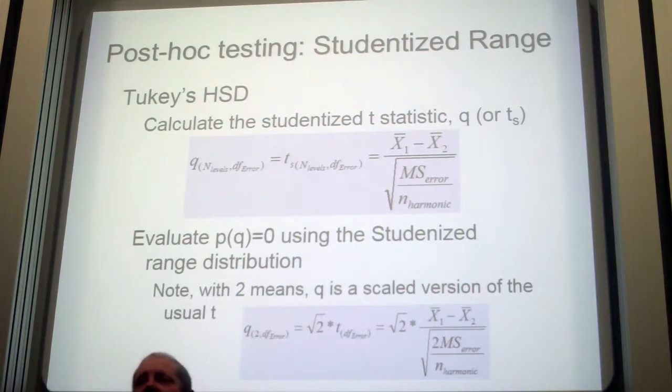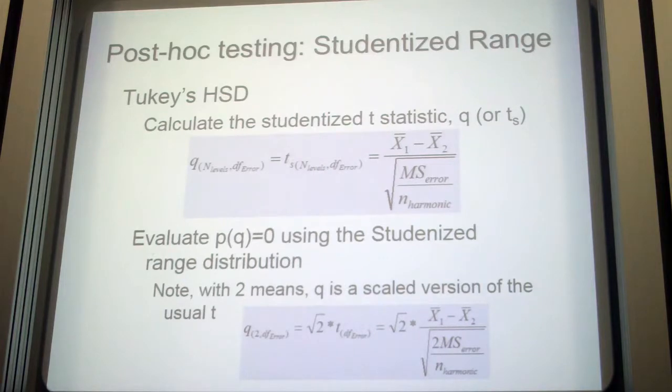One is the number of samples that you have drawn, and the other is the degrees of freedom from the error term. So the Q statistic depends on the number of means that you're looking at, the number of levels.